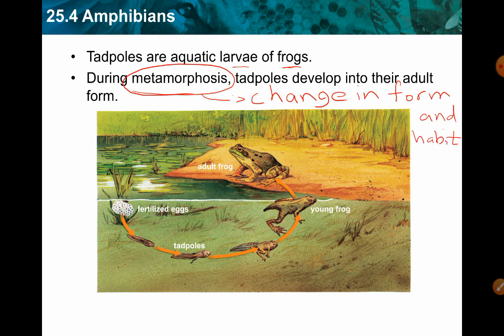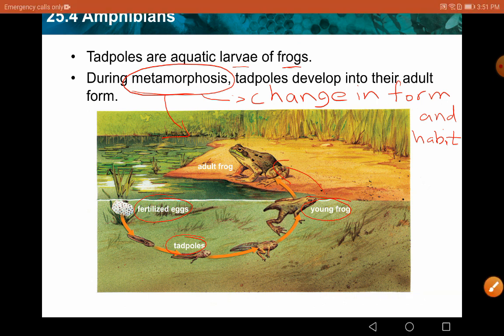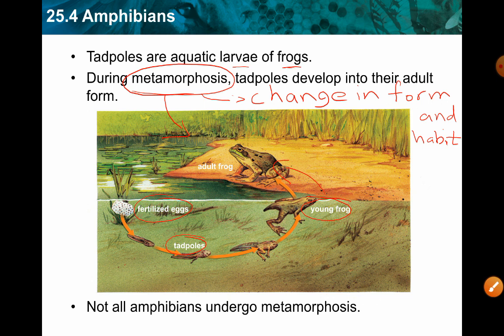You can see here that starting from a fertilized egg, it will change into a tadpole, then a young frog, then at last the adult frog. This process is called metamorphosis. So here you must know what is meant by tadpoles and what is meant by metamorphosis. Let's move to the next part, the last main idea in our lesson today. Before we move, a note here: not all amphibians undergo metamorphosis.